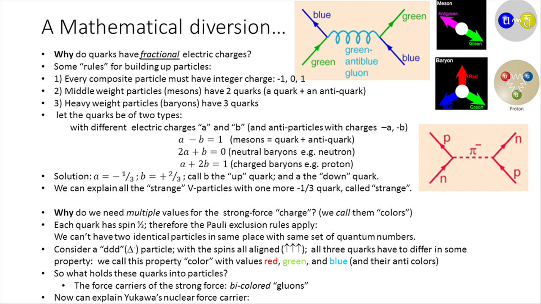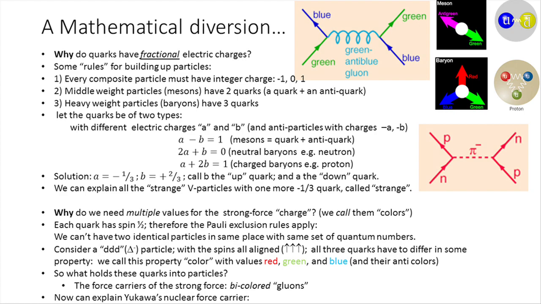This is algebra, and that's why we have to have those fractional charges. And we can explain all those other particles with just one more minus 1/3 quark called strange. So all of that zoo that we are making, we can come up with that.